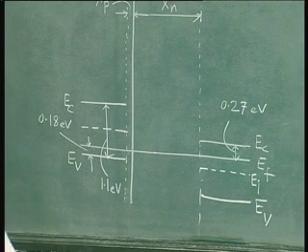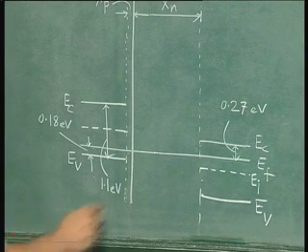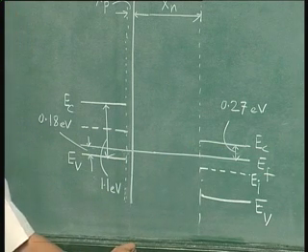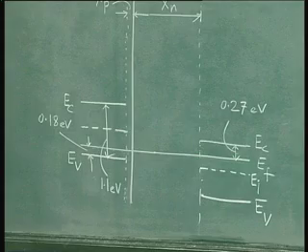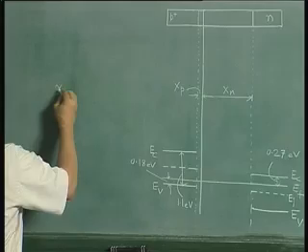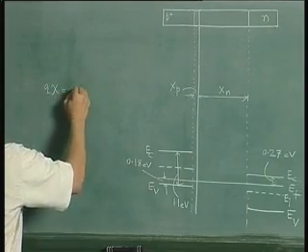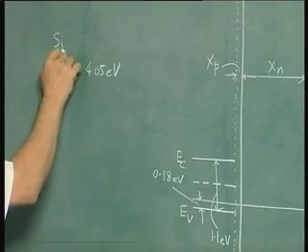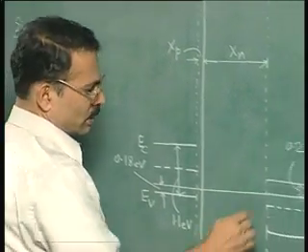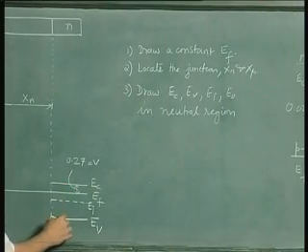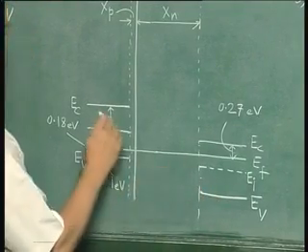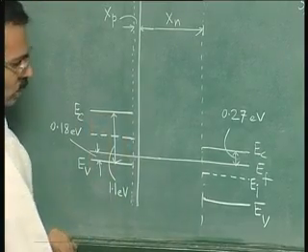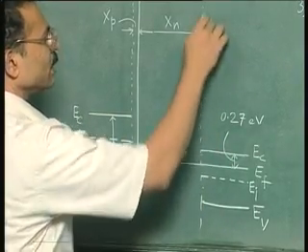Now we should also locate E naught. So E naught minus EC is electron affinity. Now the electron affinity chi into Q, this is 4.05 electron volts for silicon. So this distance is 1.1 and 4.05 would be a little less than 4 times this distance. So we must locate 4 times this distance here.